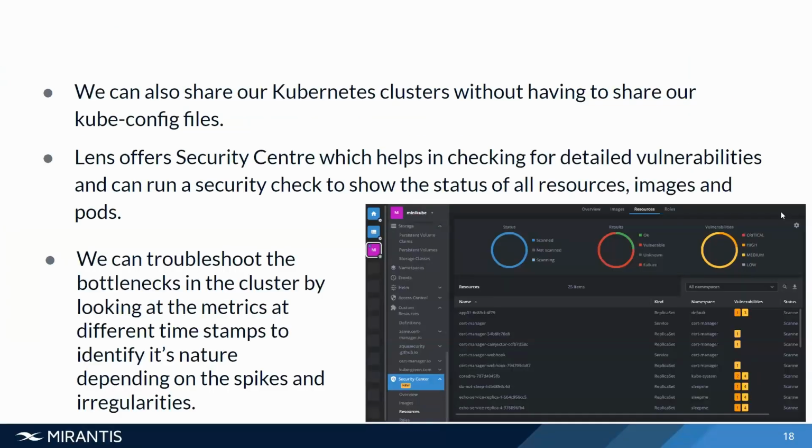We can share our Kubernetes clusters without having to share our kubeconfig files. So as I said in the starting, if we want any particular teammate to look into the status of any particular resource within our cluster, the pods, replica sets, deployments, daemon sets or any other resource, then if we provide the kubeconfig files, we kind of provide them with the cluster privileges as well.